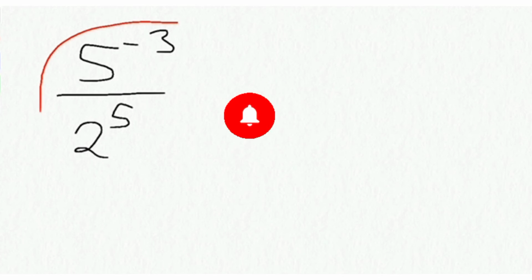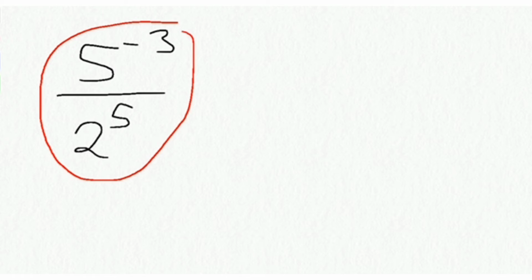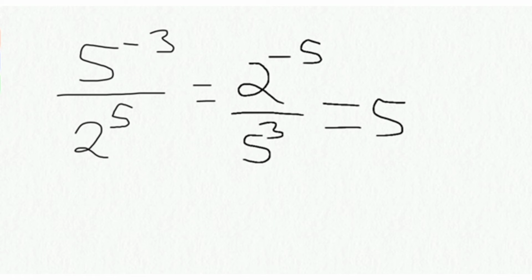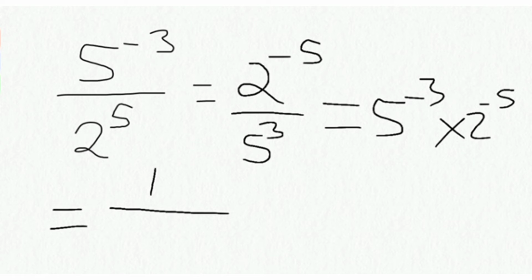This 5 to power negative 3 divided by 2 to power 5 can be written as 2 to power negative 5 divided by 5 cubed, or can be written as 5 to power negative 3 times 2 to power negative 5, or as 1 divided by 5 cubed times 2 to power 5.